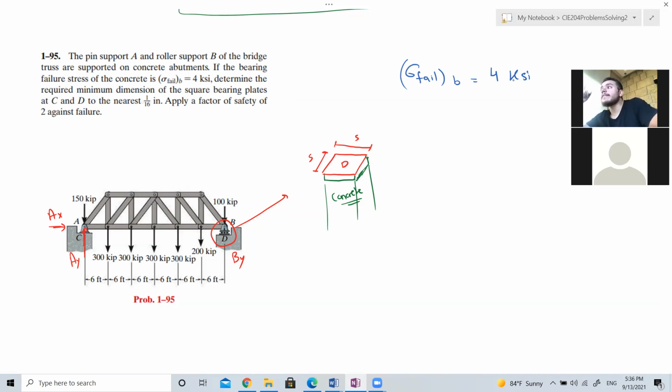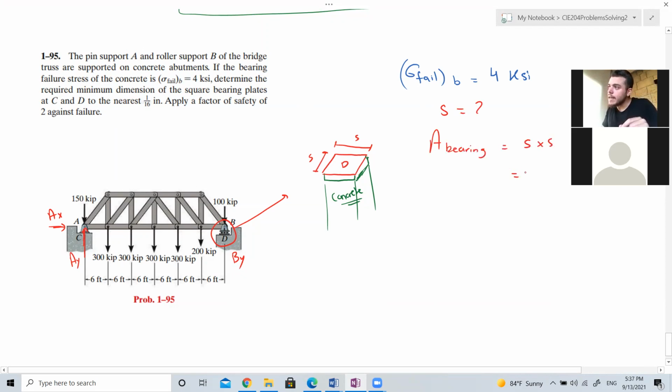Force over the contact area. So this is the force on the concrete. What's the area? The area is S multiplied by S. We are required to determine S, the minimum dimension of the square. The area of bearing is S times S, which is S squared.